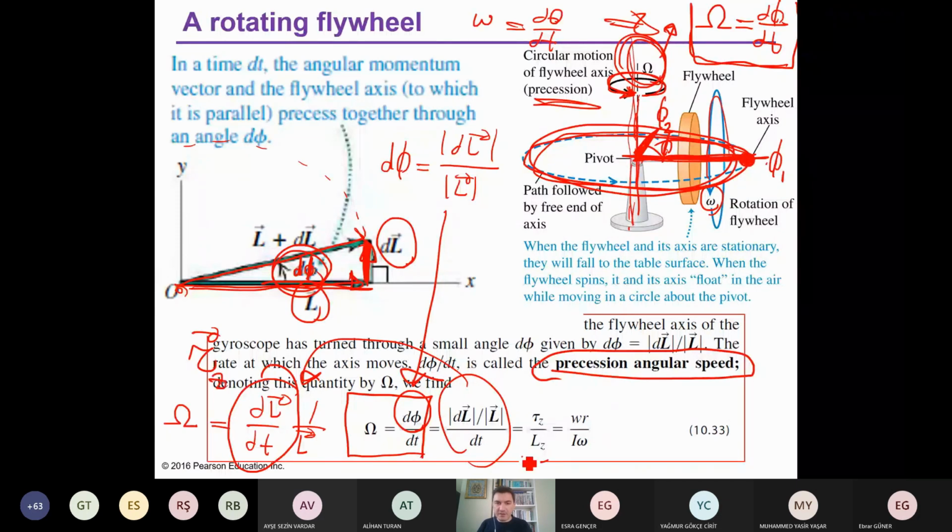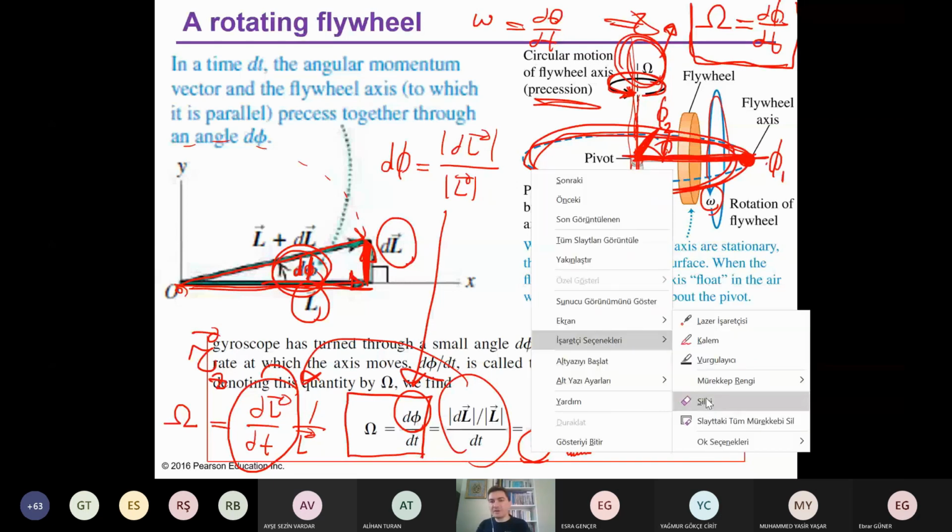And then instead of torque, we can write this one, I times omega. Instead of torque, we can write this one, weight times R. We have already discussed this one, okay? Then finally, you can write this precession angular speed in terms of torque z over Lz, or weight times R over I omega.